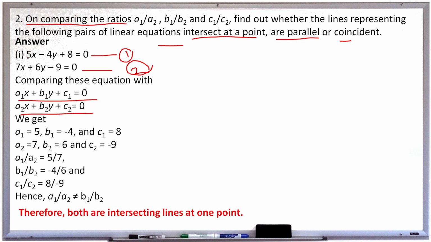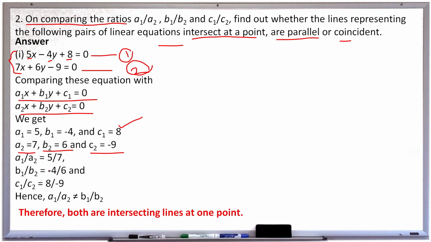We have selected a pair of linear equations. Comparing, a1 is 5, b1 is minus 4, c1 is 8. Similarly a2 is equal to 7, b2 is equal to 6, c2 is equal to minus 9.